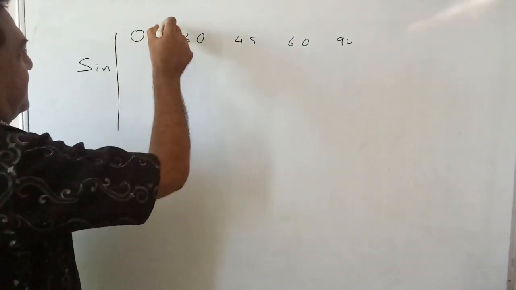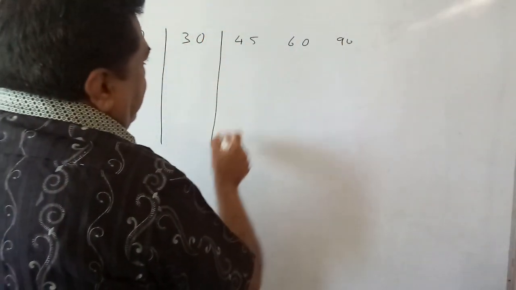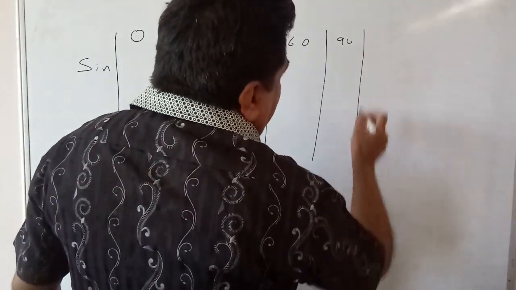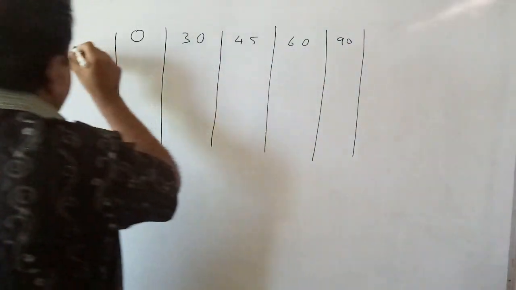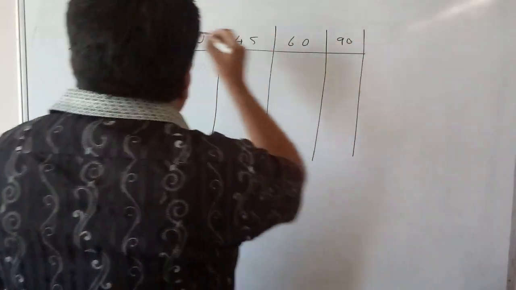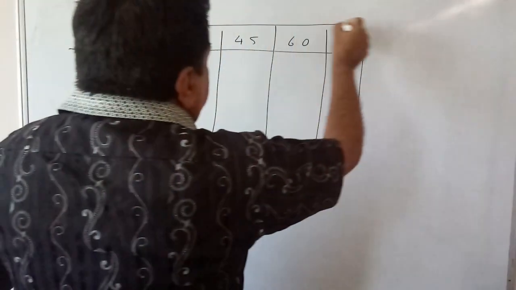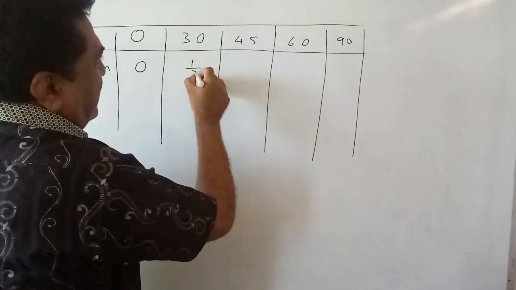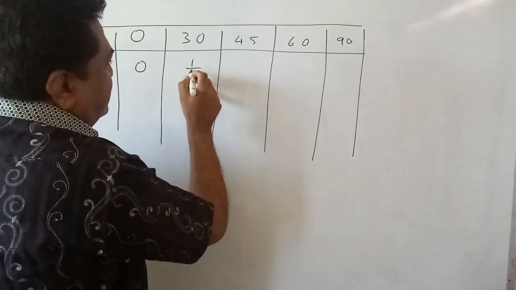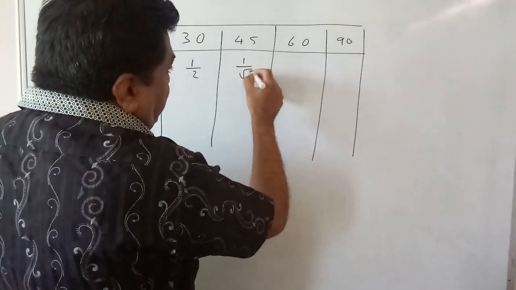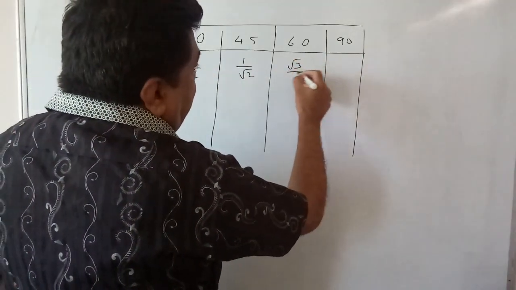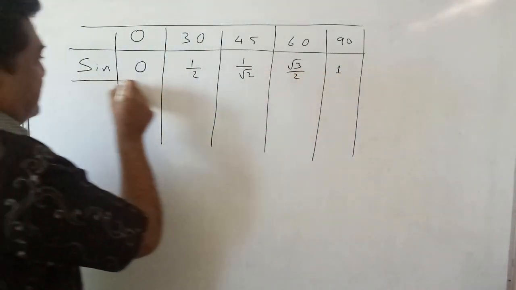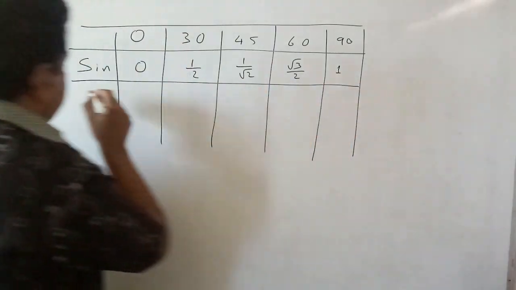Values of sine at all these angles you have learned in the last session. Sine 0 means 0, sine 30 means 1 by 2, sine 45 means 1 by root 2, sine 60 means root 3 by 2, and sine 90 means 1.